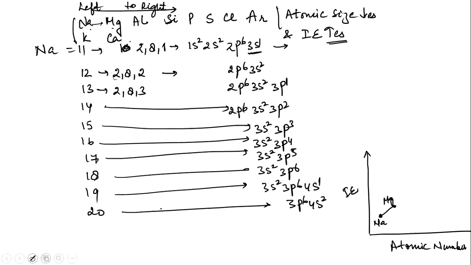Now again aluminium 3p1, then again 3p1, it will increase. Then 3p3, it will increase. 3p4, it will further increase. So you will get that trend.